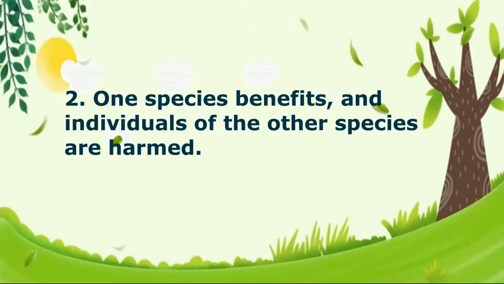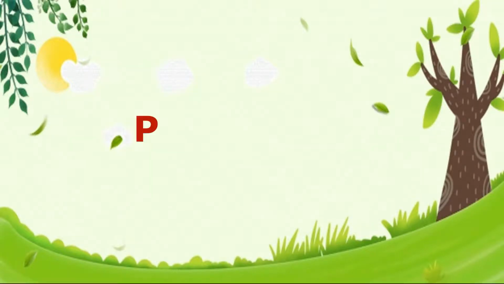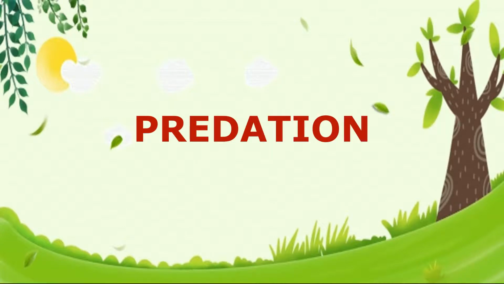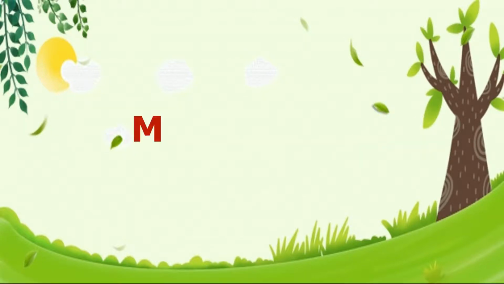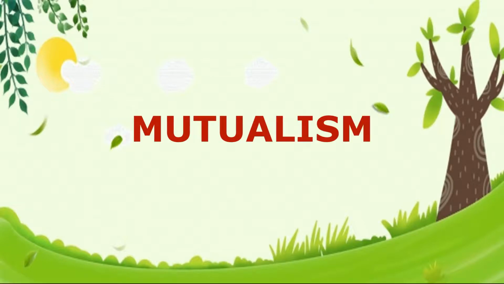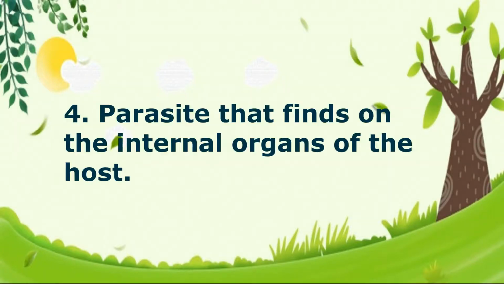One species benefits and individuals of the other species are harmed. The answer is predation. Number 3. Both species benefit. That is mutualism. Correct.